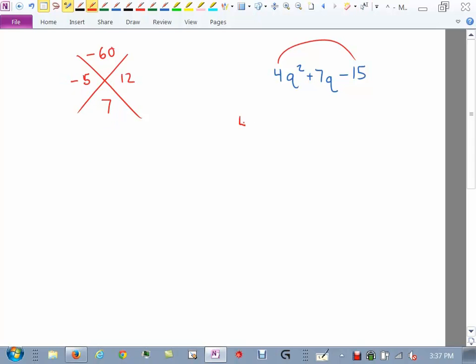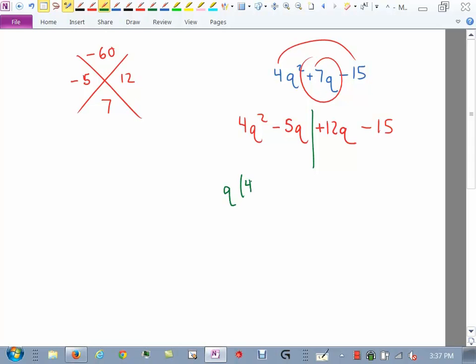So now I rewrite this. I don't touch the ends. The middle term, 7q, is going to be rewritten as minus 5q plus 12q. And then I do grouping. What can come out of the first two? Q?